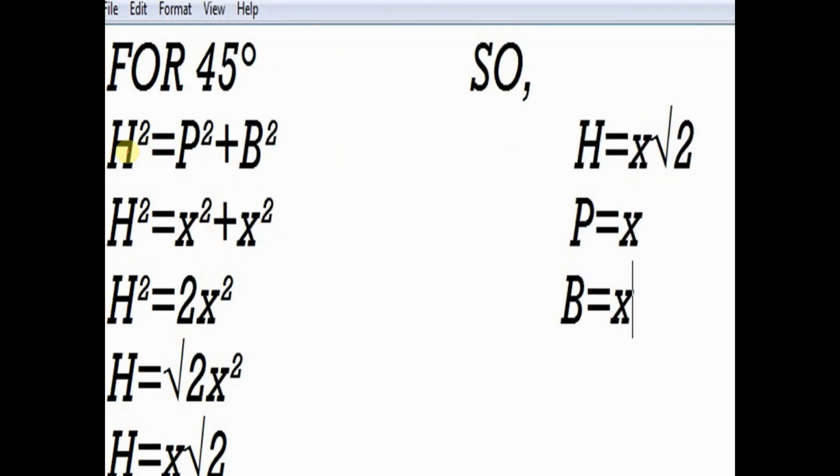For 45 degrees, first you have to solve like this. First you have to take a triangle for 45 degrees. You can take it like this. This is 45 and this is 90, and this will also be 45, because 90 plus 45, the remaining angle is only 45.